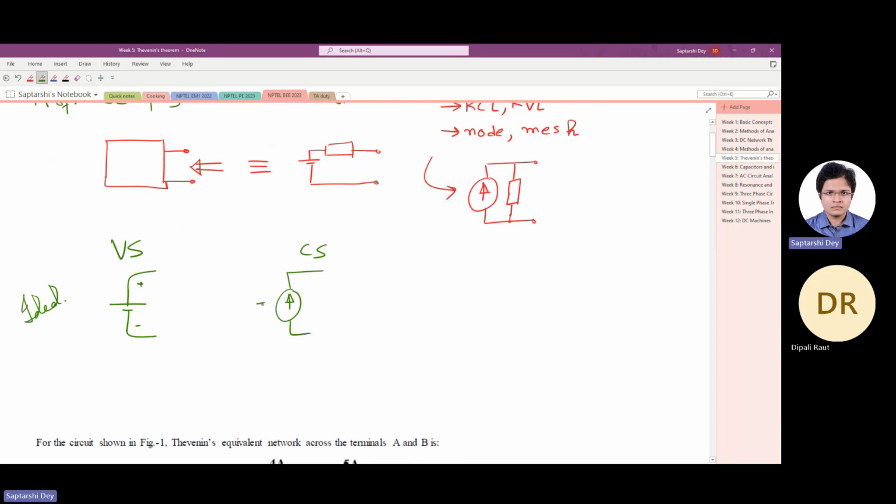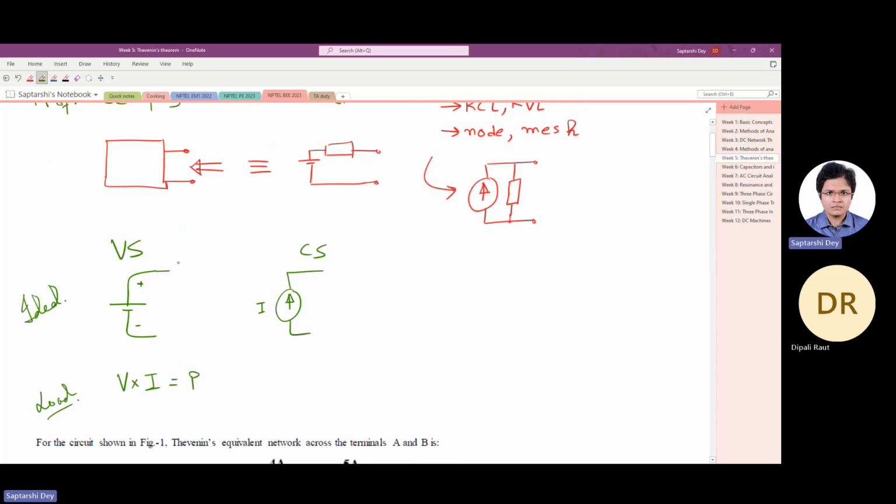So if I call this I, now for an ideal voltage source, when you connect load, V is constant, V times I is power.